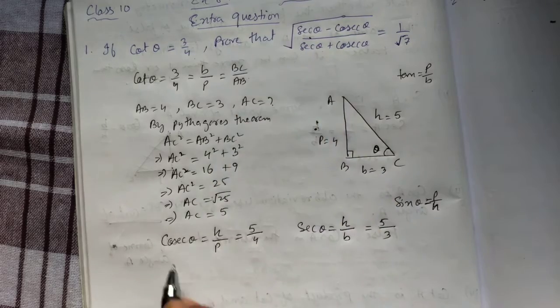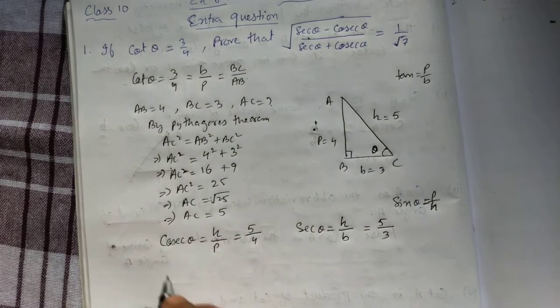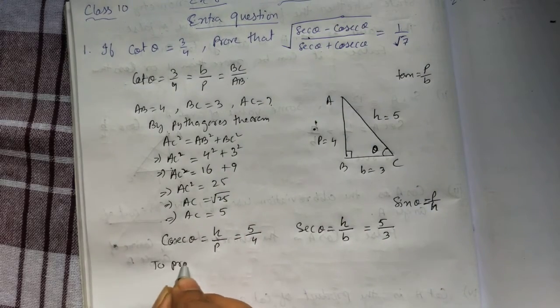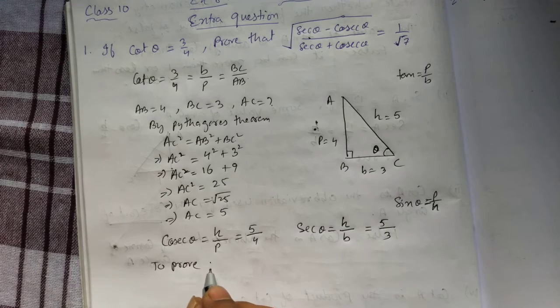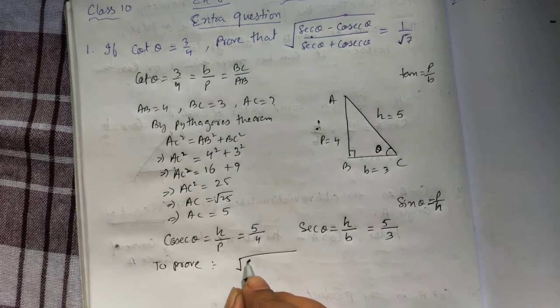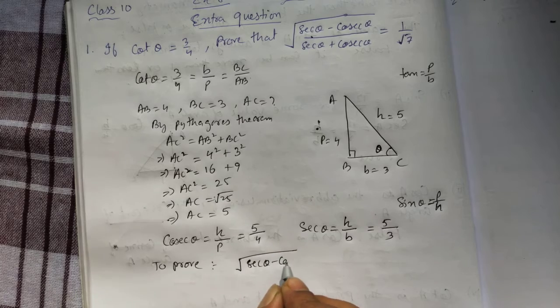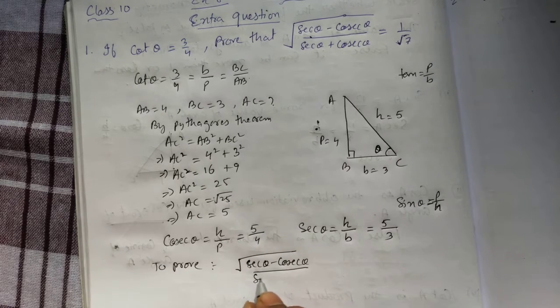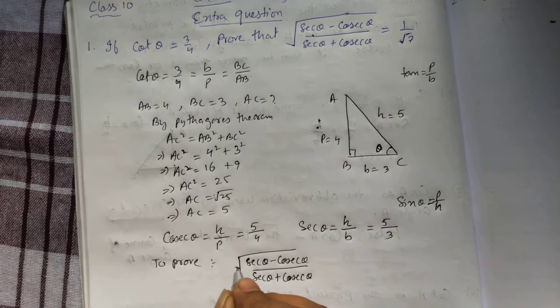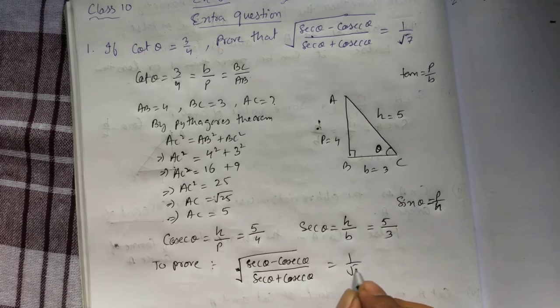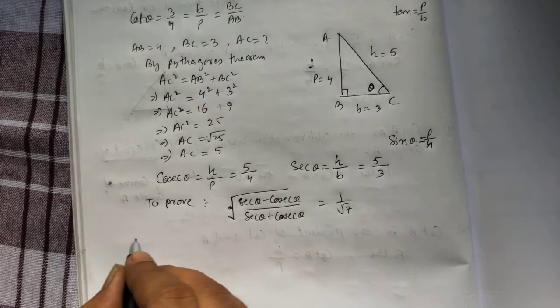Let's find, we are going to prove this equal to this. So to prove, root over sec theta minus cosec theta by sec theta plus cosec theta equal to 1 by root 7. So take LHS.